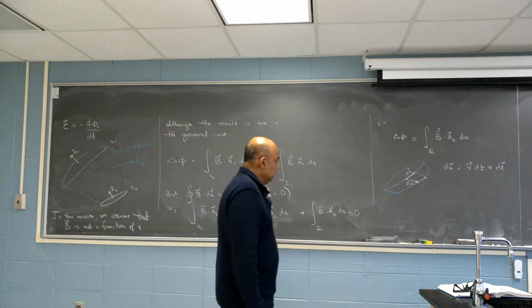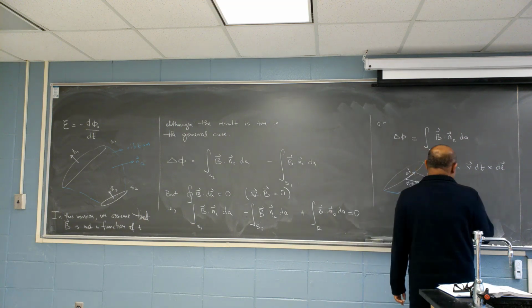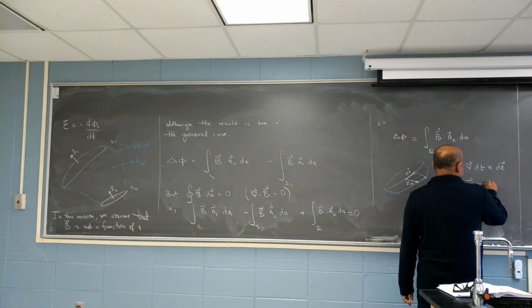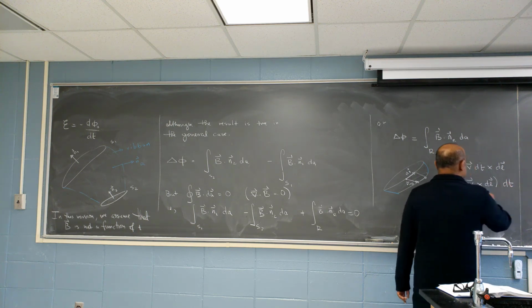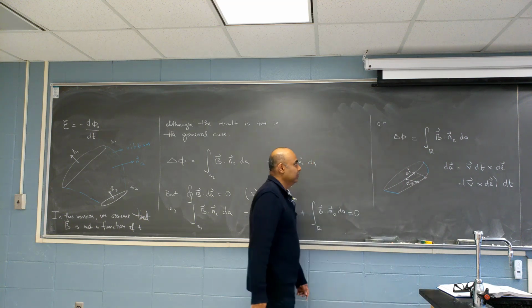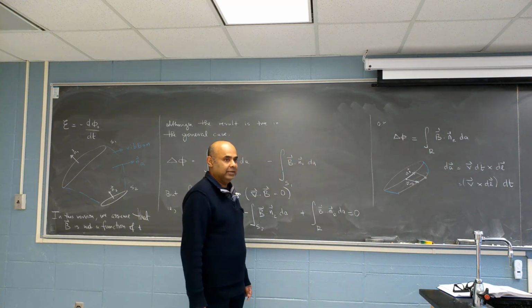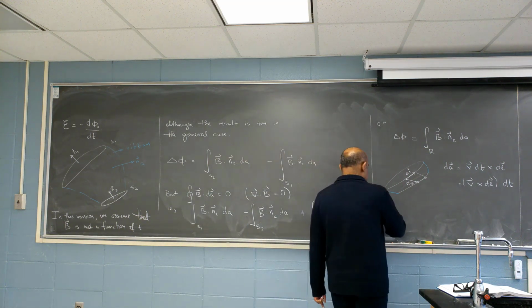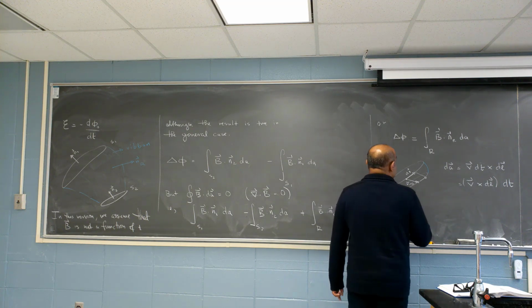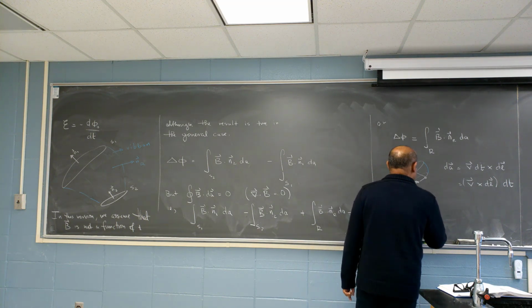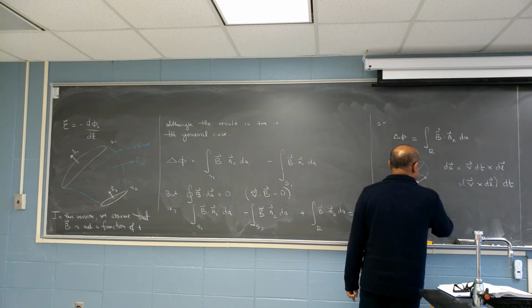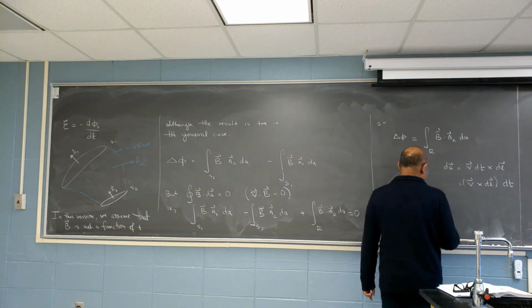Okay, well, let me continue. I will write that as, and this is why, put the vectors together. So then delta phi is equal to B, and this whole thing is dA.